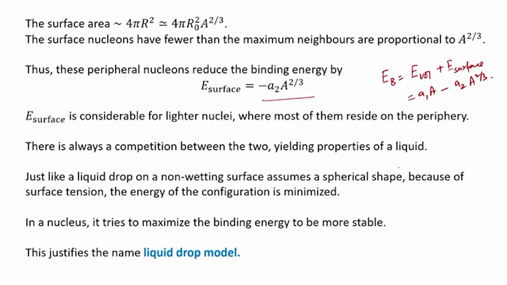Now, how is this related to the property of the liquid? If you drop a liquid onto a non-wetting surface, it does not wet the surface, and you will see that because of the surface tension, it tries to minimize its energy by becoming spherical in shape. You can see that when you boil water.